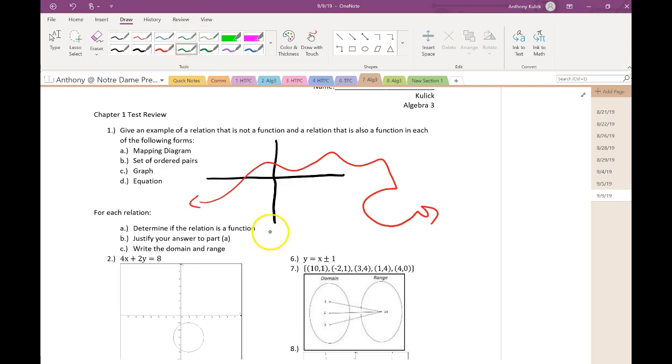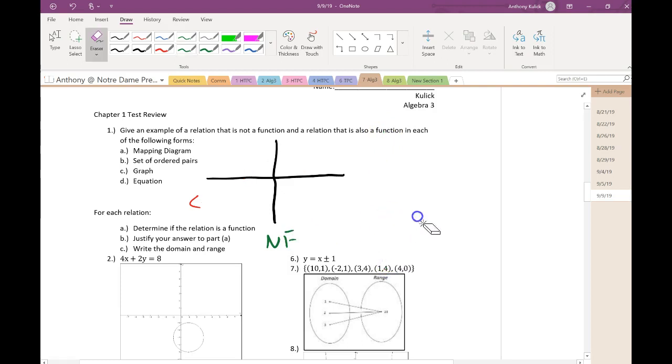No. So we have an issue there, right? Okay. Is that a function? Everybody feel happy about what to do with the graph? This is usually the easiest one for students. Okay.